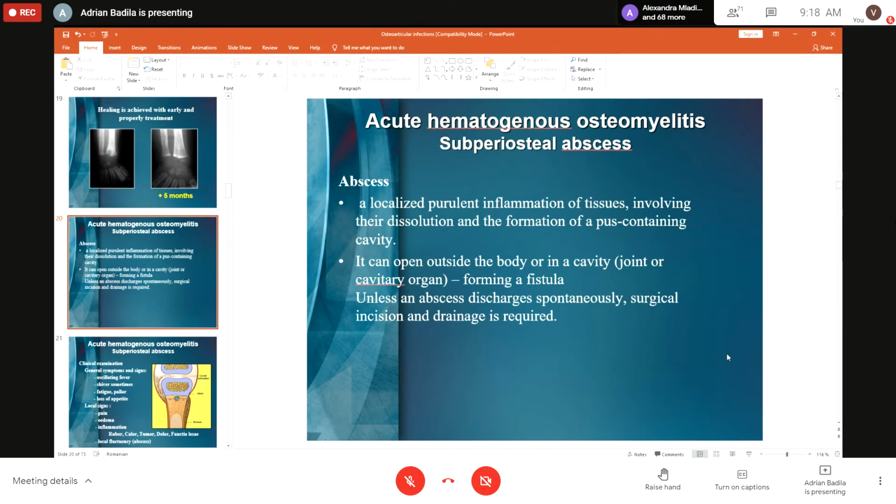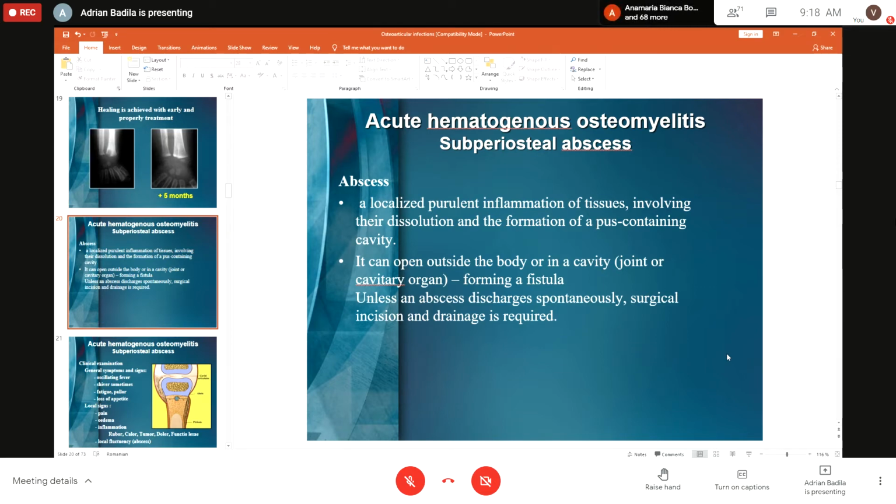A peculiar case of acute osteomyelitis is the subperiosteal abscess. It is a localized purulent inflammation of tissues that leads to their dissolution and the formation of a pus-containing cavity.